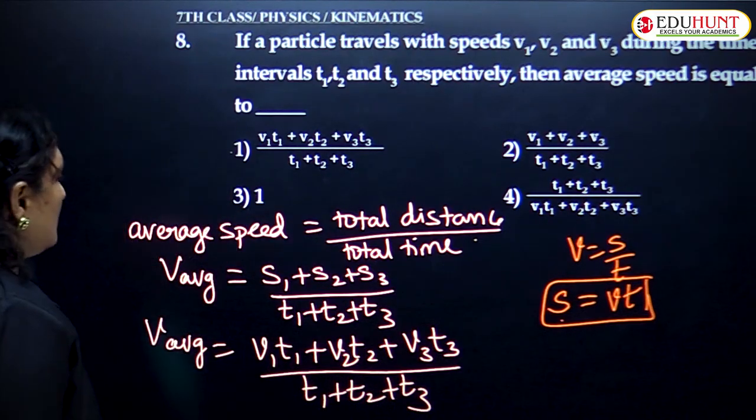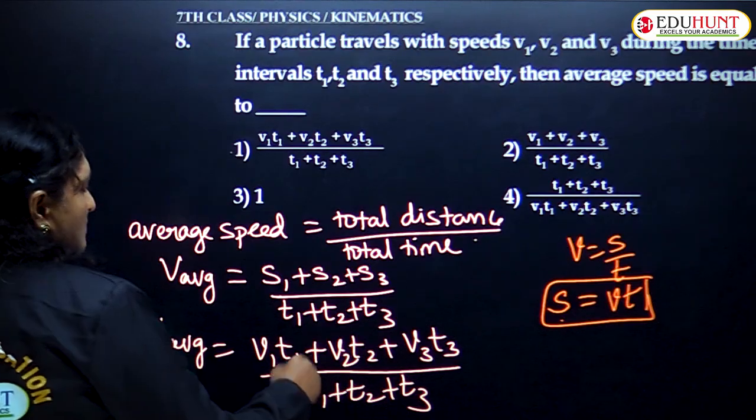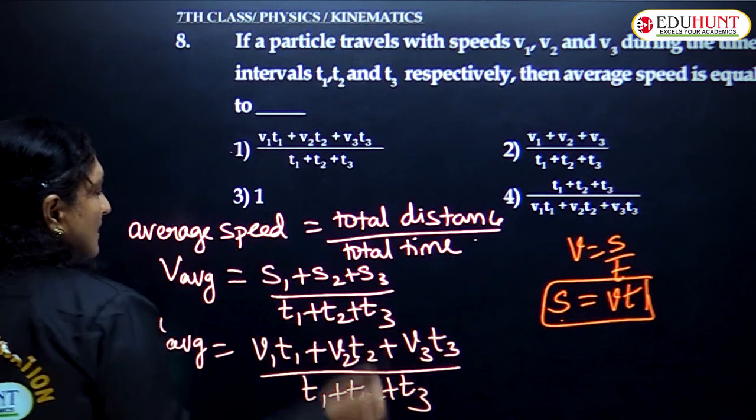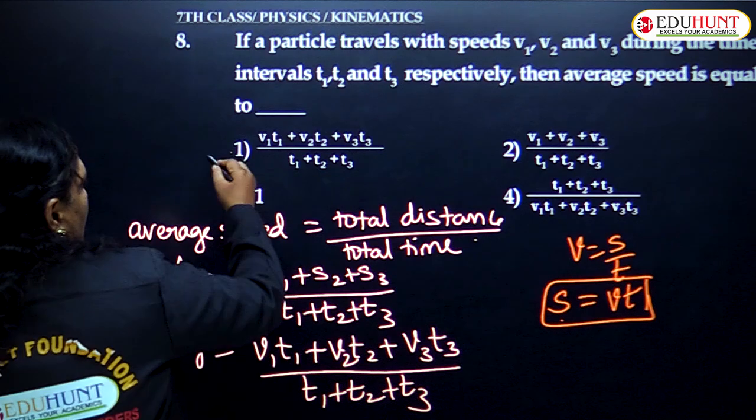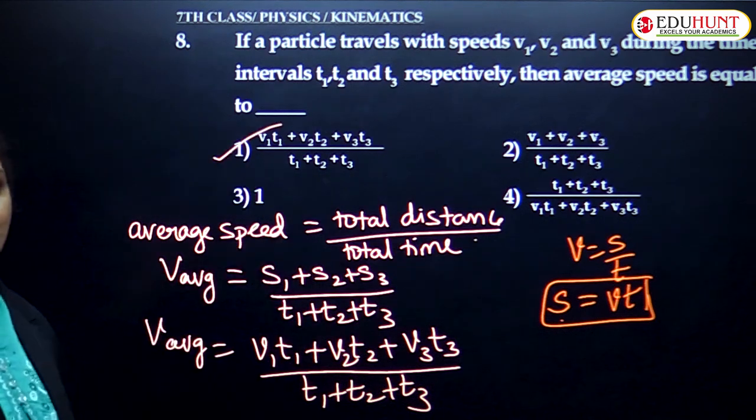So V1 T1 plus V2 T2 plus V3 T3 upon T1 plus T2 plus T3. Here goes your right answer, first option. Okay, children?